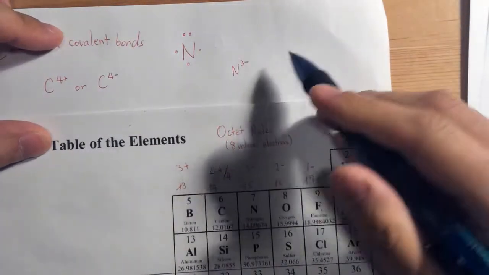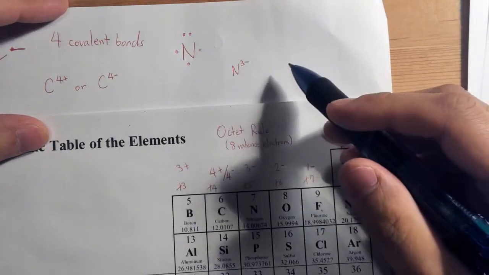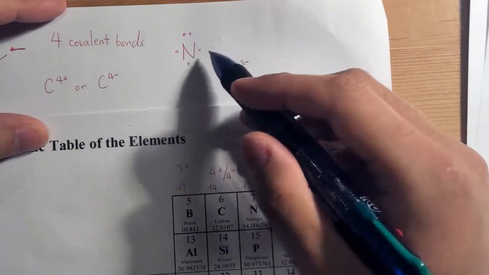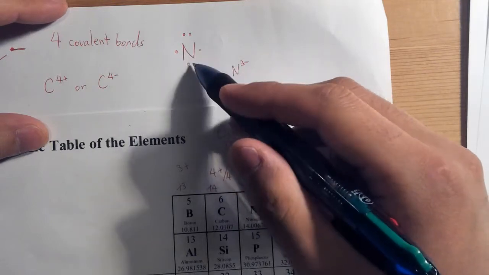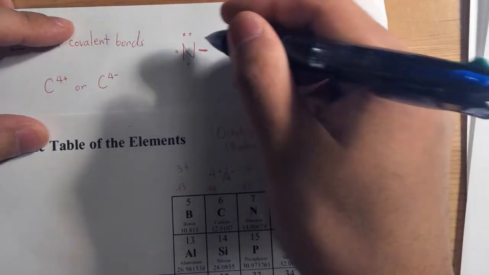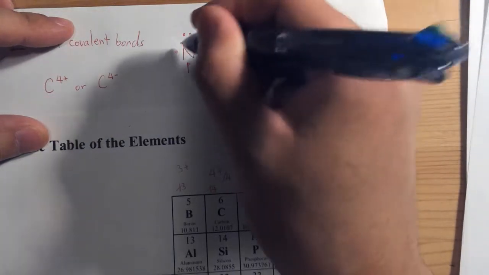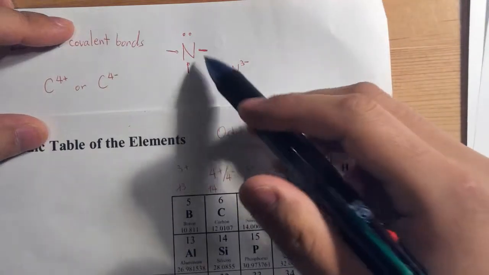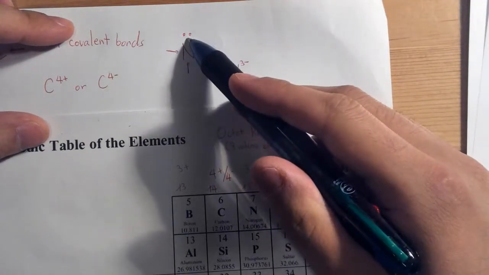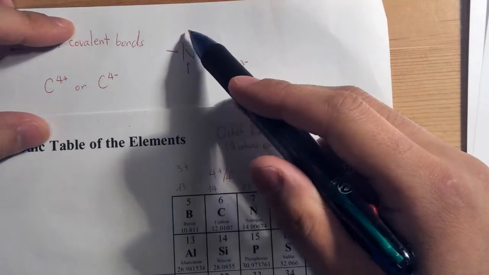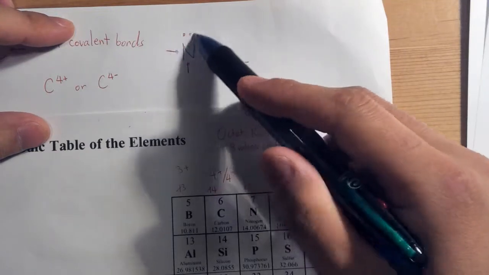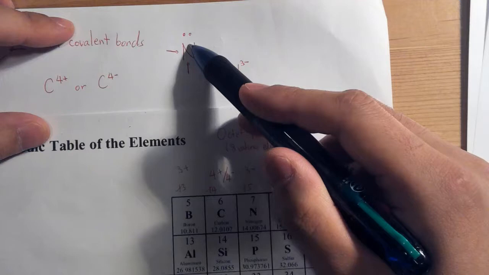So what can we determine through this? Like I said, if you have single electrons surrounding the nitrogen or whichever element you are determining, you would draw a bond. So it's showing that you can create a bond with these single electrons. And remember, if there is a shared electron, you leave it as it is, because there's a boy and a girl. These couples don't want to separate. They want to be together.